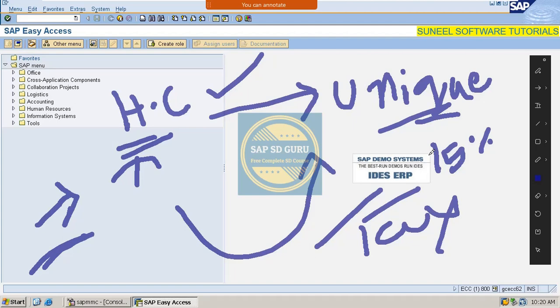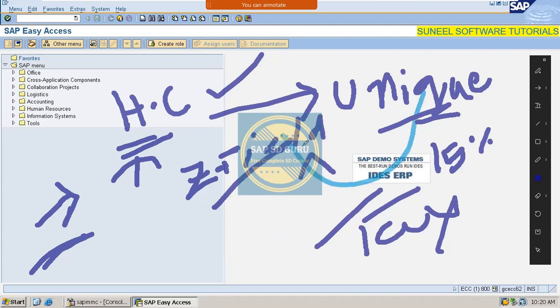For this we would set up a new field, a new Z field in SAP. But as we are working in standard SAP, we don't have the provision to set up a new field. While I teach you ABAP, I will let you know how we can create them.